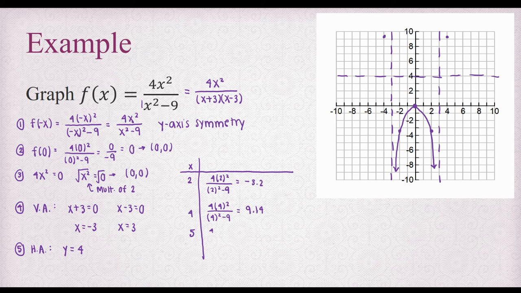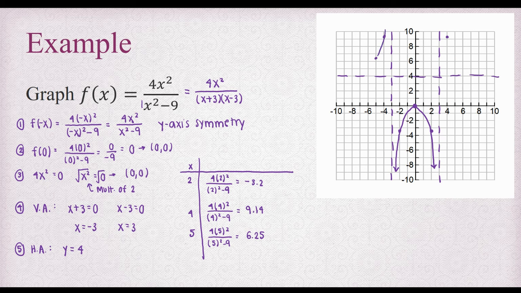If I substitute in 5, it looks like we're going to get about 6.25. So at 5, we've got 6.25. Same thing over here at -5, we'll have 6.25.